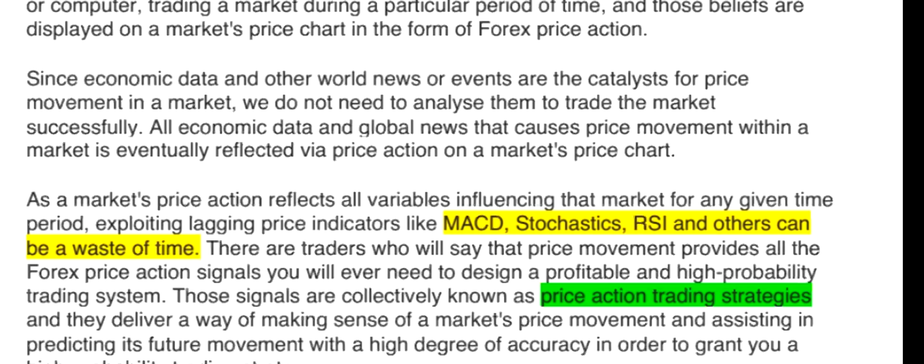You don't trade that currency. So my question is, am I doing right if there are news that are going to affect that currency?